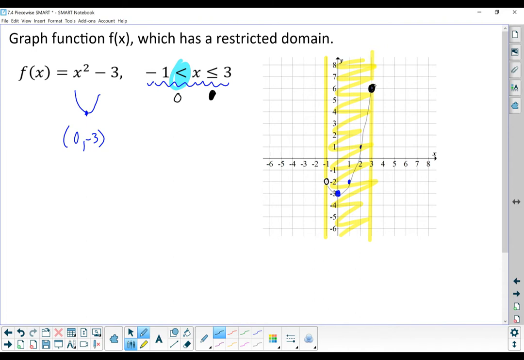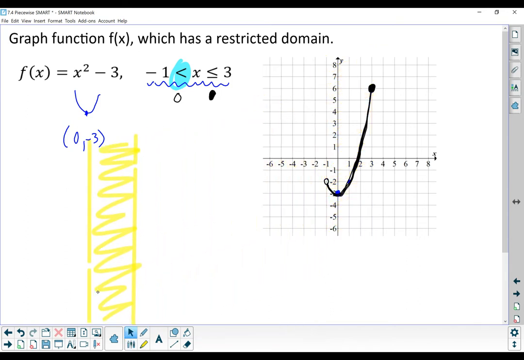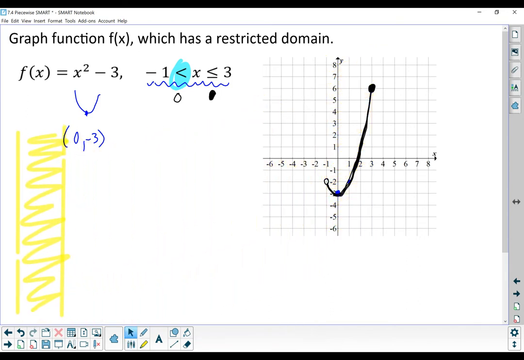And our graph is kind of this little hook, like a little fish hook. So here is our function f of x, which has a restricted domain from -1 to 3.